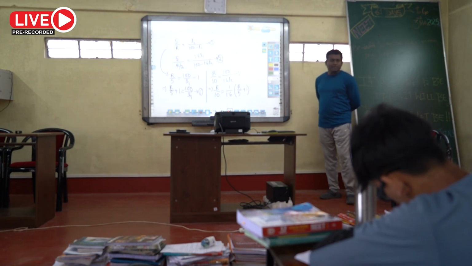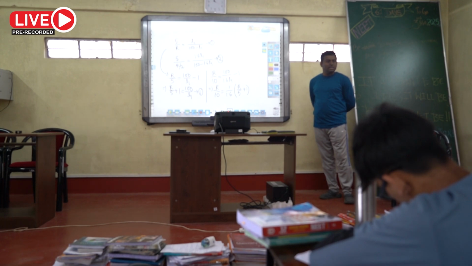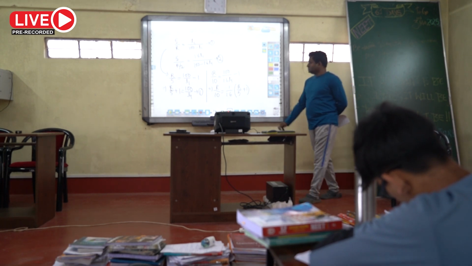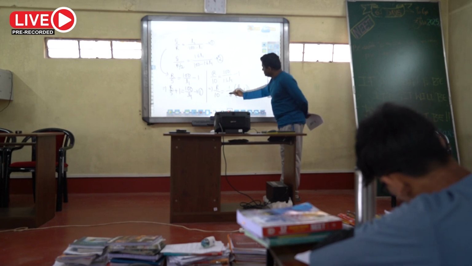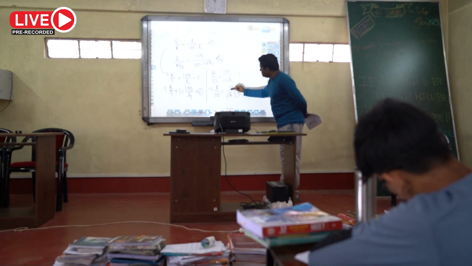Now 1.6 can be written as 16 by 10. So I can write this one as 16, this is 10, and calculate.